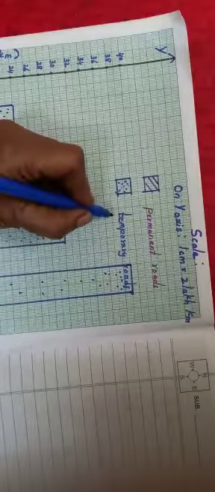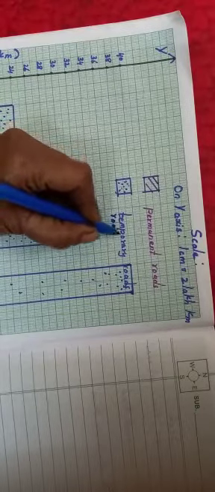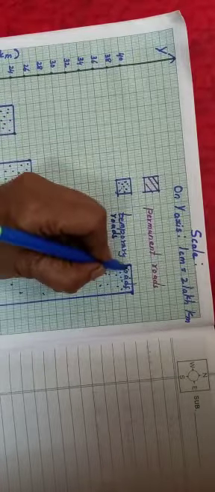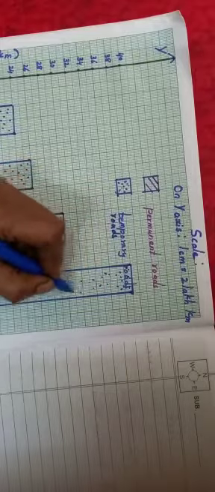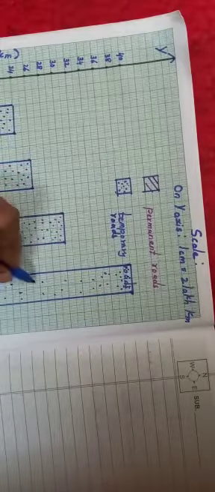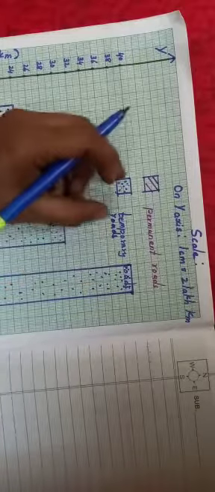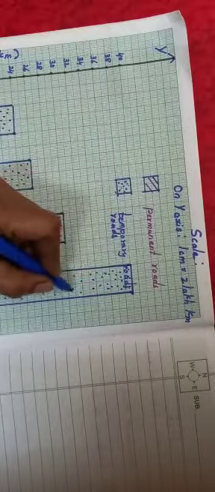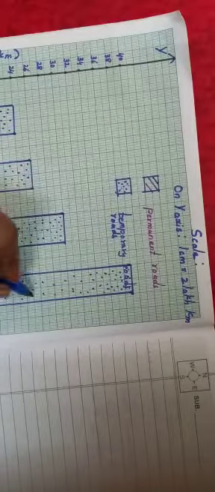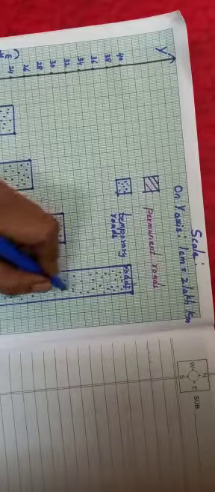I can write here temporary roads, like this we can do. But don't make this kind of mistake, just check it. So we have completed the subdivided bar diagram.